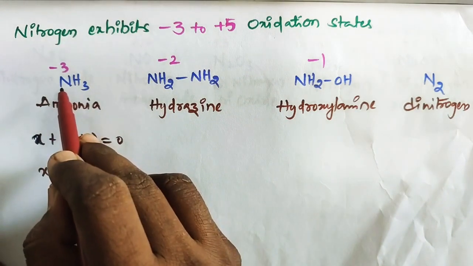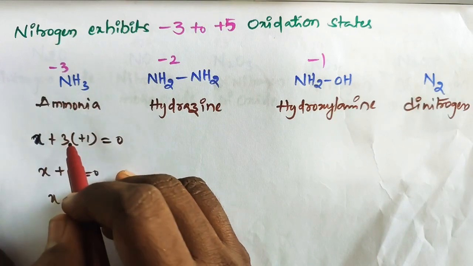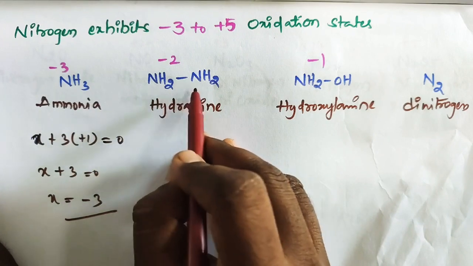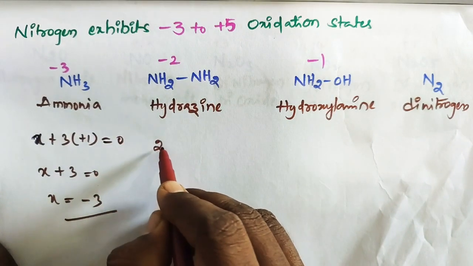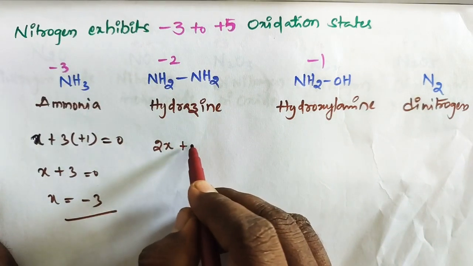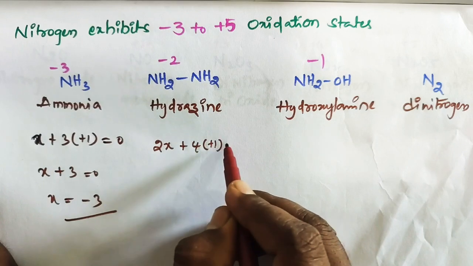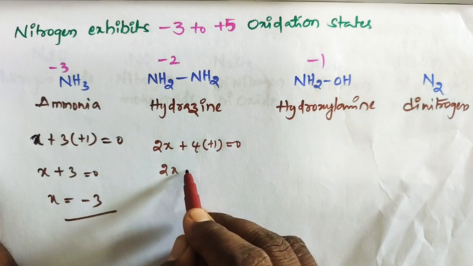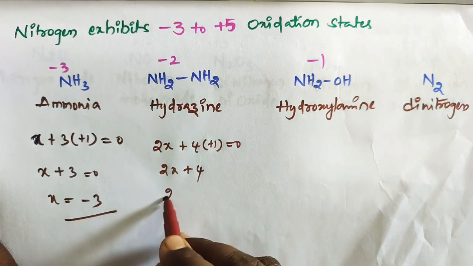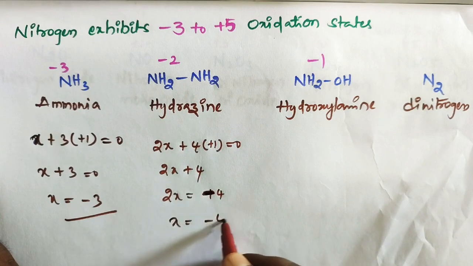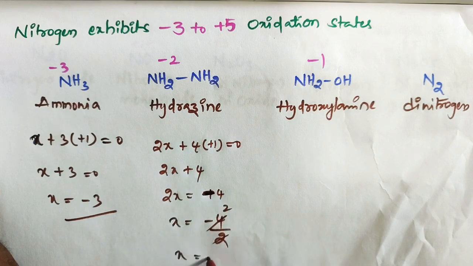So what is the oxidation state of the nitrogen? -3. And in NH2-NH2, 2 nitrogens, you take 2x plus 4 hydrogens, 4 into +1, so 2x plus 4 equals 0, 2x equals -4, x equals -4 by 2, so x equals -2.